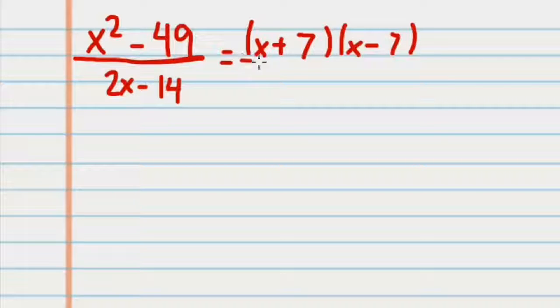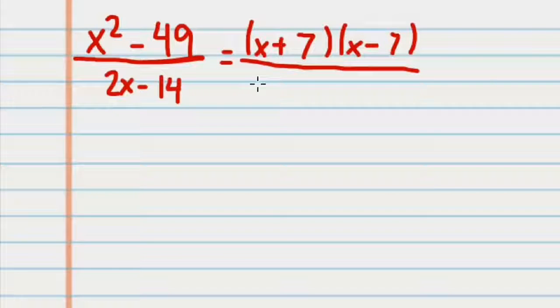Let's factor the denominator, 2x minus 14. Remember, the first thing is to see if there is a number or a variable that you see in all the terms that you can just pull out front. There is no variable x that's in both terms, but there is a number we can pull out front.